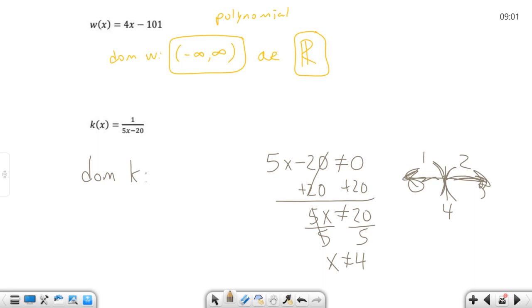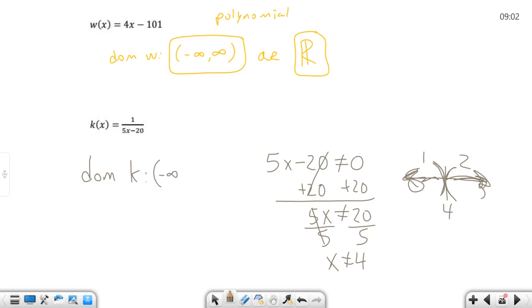What I mean is, if all you have is x's in the denominator and you don't have a square root or piecewise or anything else messing it up, you're always going to have one more interval than the numbers you leave out. So if I leave out 4 numbers, I have 5 intervals. I leave out 7 numbers, I have 8 intervals. I leave out 1 number, I have 2 intervals. I leave out 3 numbers, I have 4 intervals. So here I'm leaving out one number. So what does my domain look like?